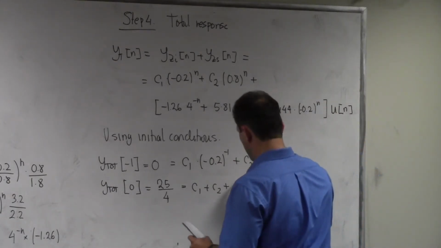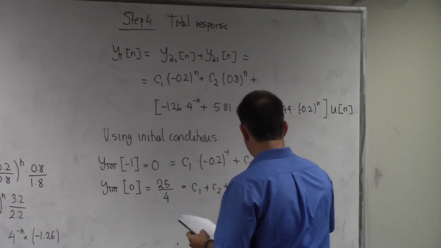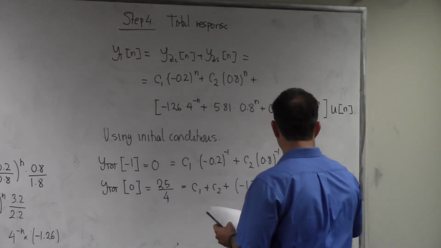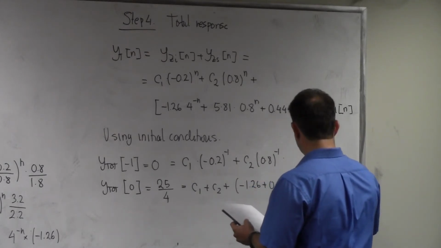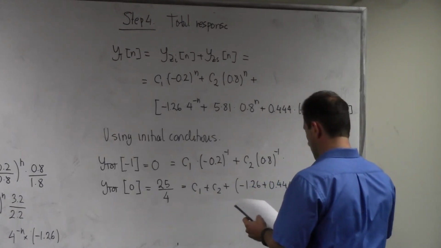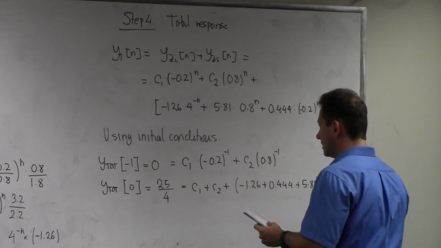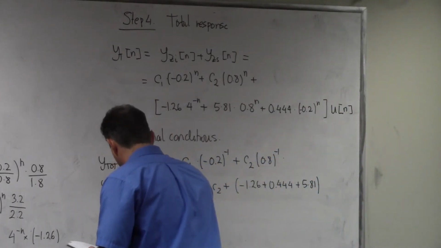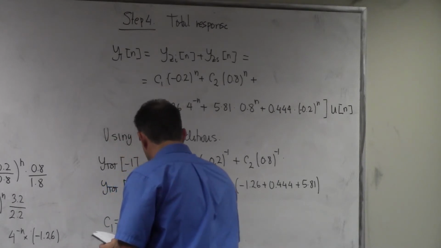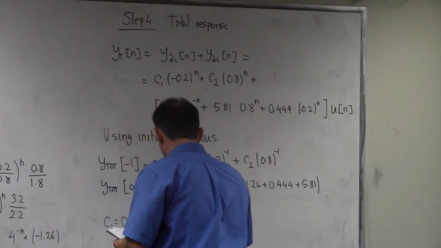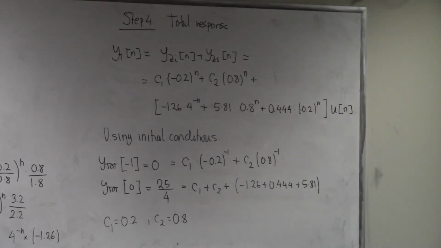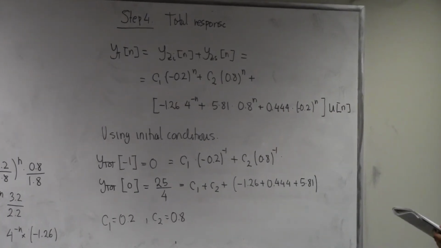So you have plus minus 126 plus 0.444 and plus 581. And from here, you can solve for C1 is equal to 0.2, and then C2 is equal to 0.8. Just an easy 2x2 system.